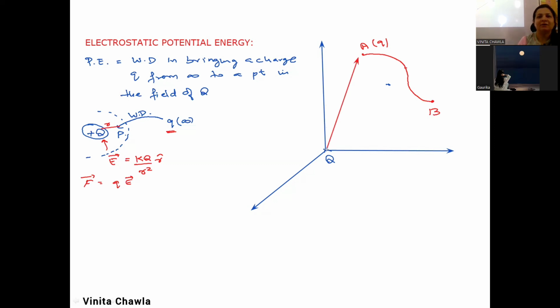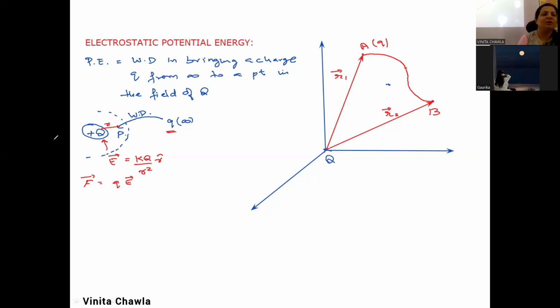For A, let's take vector R1 as the position vector of the charge when it was at point A, but when it moves from A to B, it reaches point B, then R2 is the position vector of the charge. So we have to find the net work done by the charge.